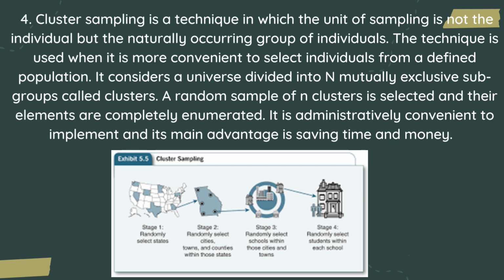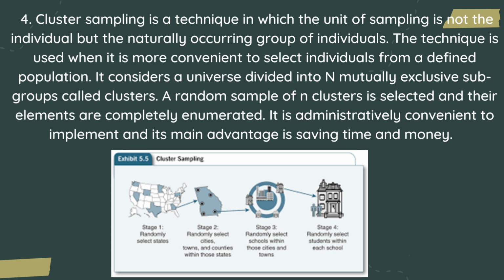Next is what we call cluster sampling. It is a technique in which the unit of sampling is not the individual, but the naturally occurring group of individuals. The technique is used when it is more convenient to select individuals from a defined population.